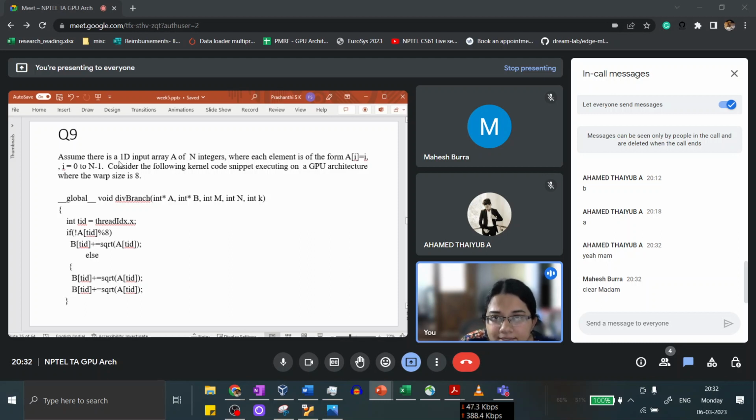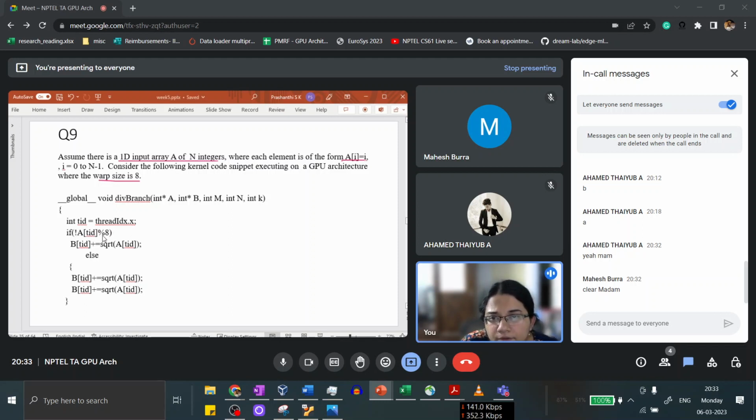Assume that there is a 1D input array of n integers where each element is of the form a[i] = i, from 0 to n minus 1. Consider the following kernel code snippet executing on a GPU architecture where the warp size is 8. So this is the kernel. First you get tid as threadIdx.x.